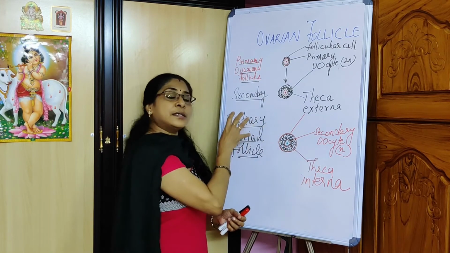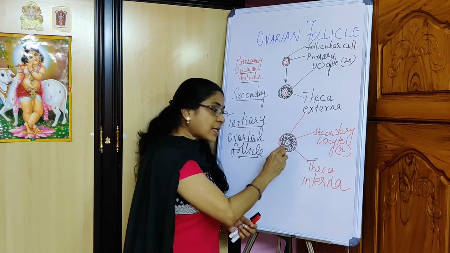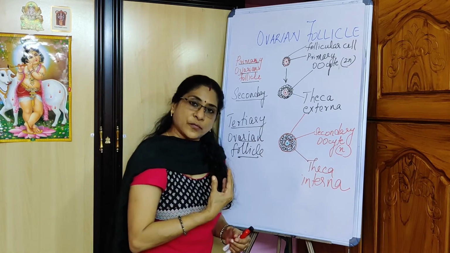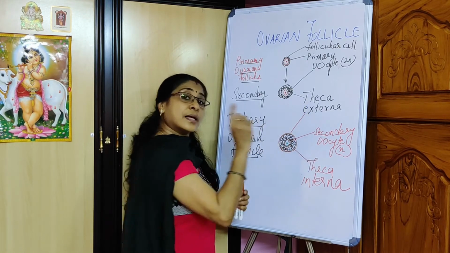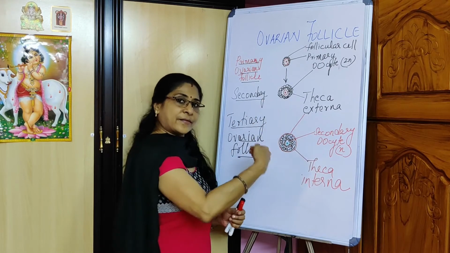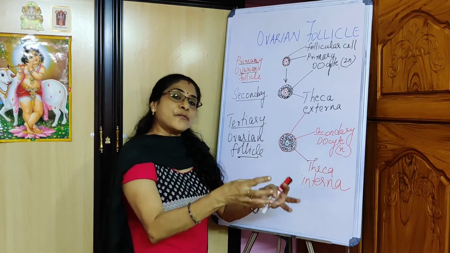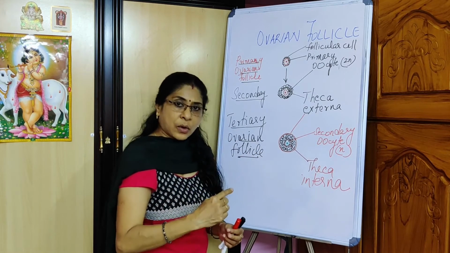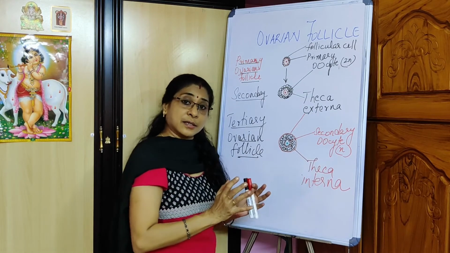So in a tertiary ovarian follicle, there is a secondary oocyte in the center, surrounded by three layers of follicular cells, and there is always the theca externa which developed earlier. Along with the theca externa, from the stroma there is one more layer of consolidated cells called the theca interna.